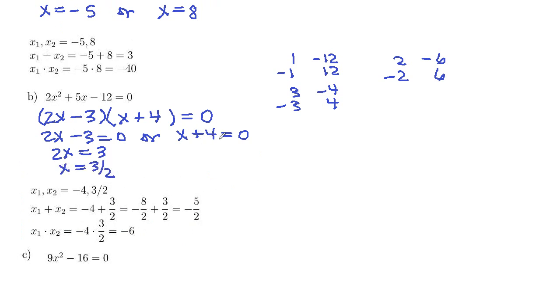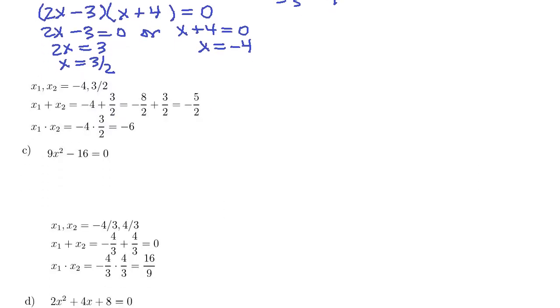And then here, subtract 4 on both sides, so that 4 comes over as a negative. So 3 halves, or negative 4 here. Listed the smaller first. The sum of those, and just change your negative 4 to negative 8 halves. So that gives negative 5 halves. And then the product of negative 4 and 3 halves, negative 6.